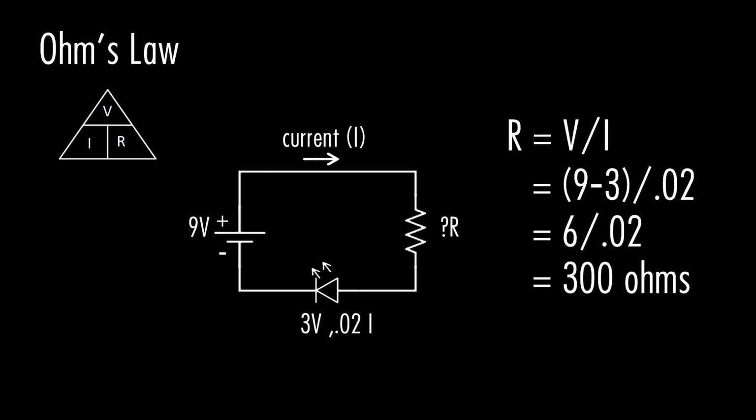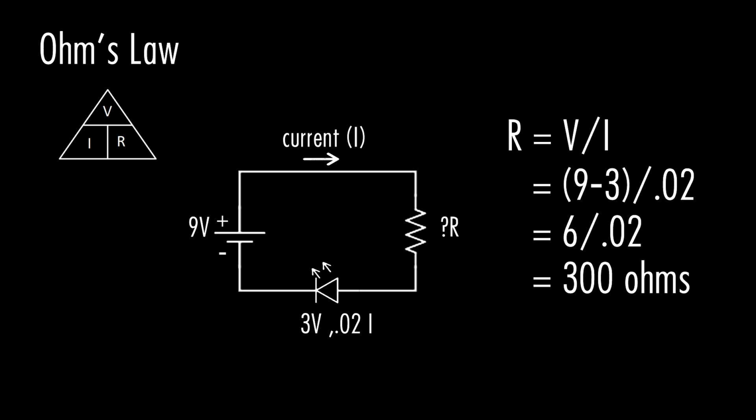So in this example, R equals V over I. Voltage equals really the volts coming out of the battery, which is really the volts coming out of the power source. In this case, it's a battery, so we have 9 volts, less the 3 volts that is being consumed by the LED.